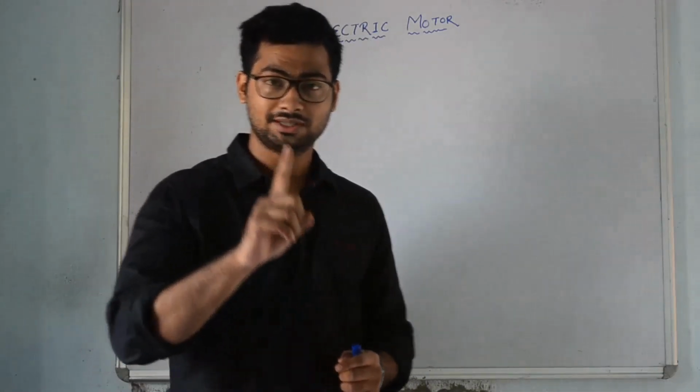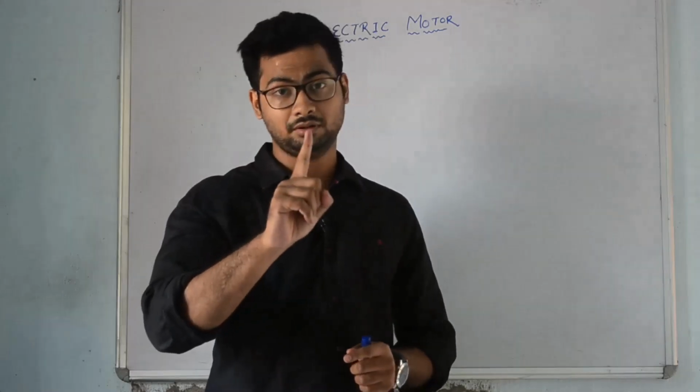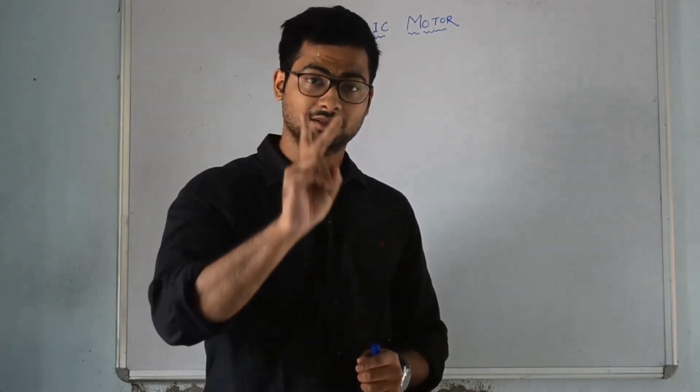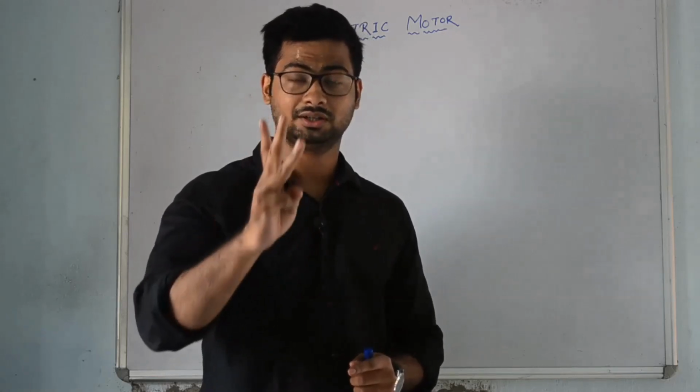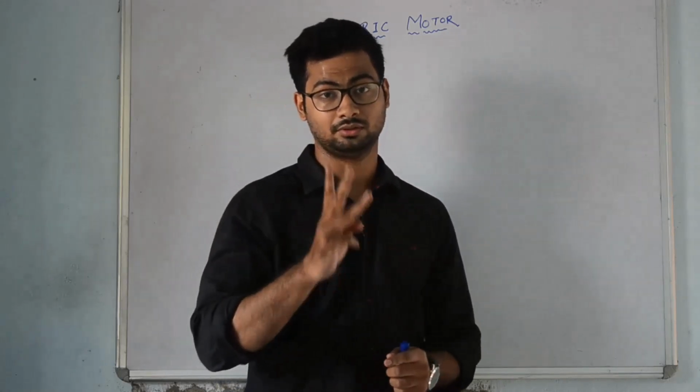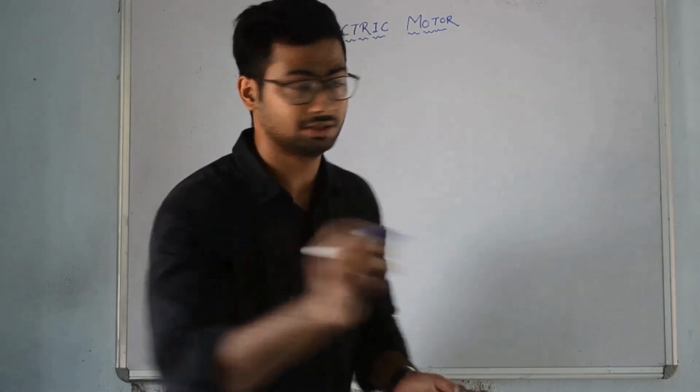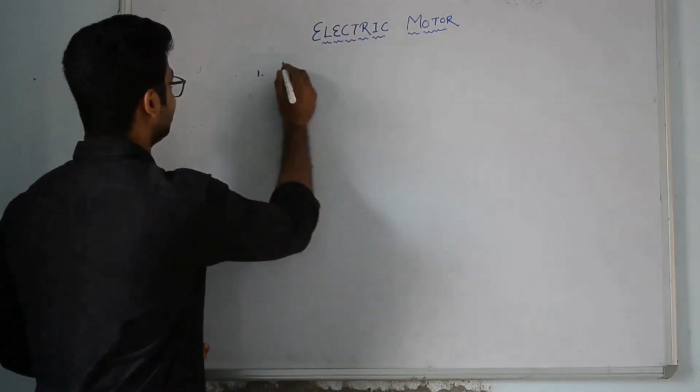First is the working principle, second is the construction of the equipment, and third is how it works. So now we will talk about the first step, which is the working principle.